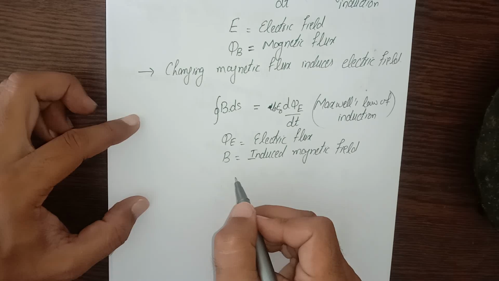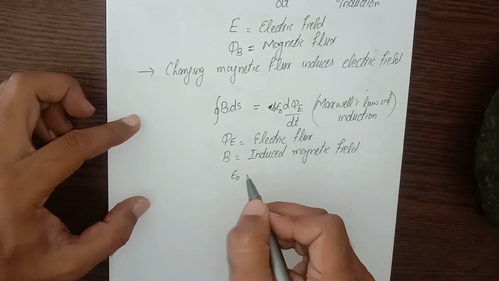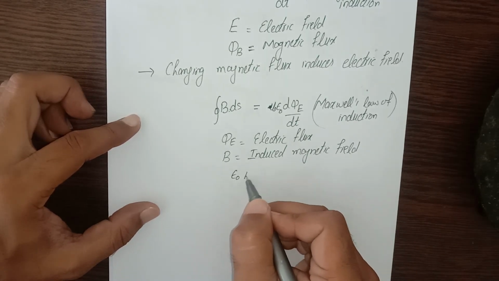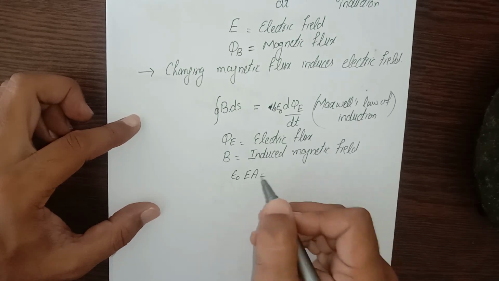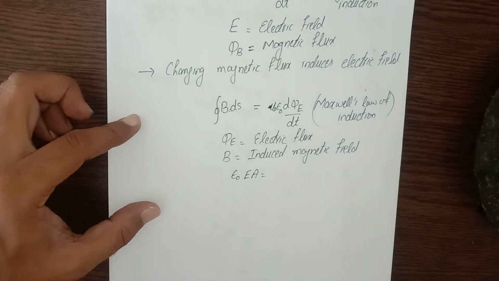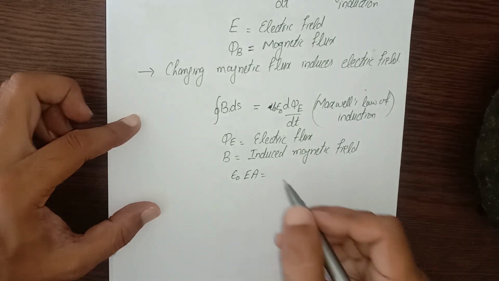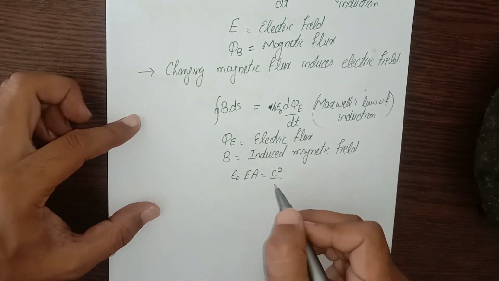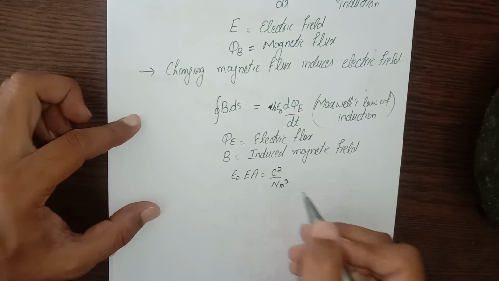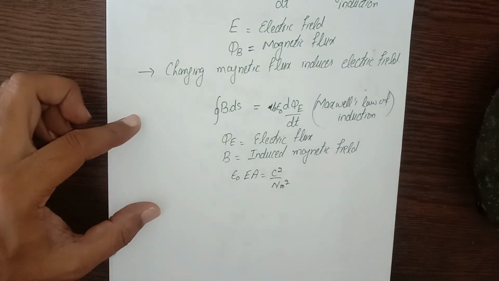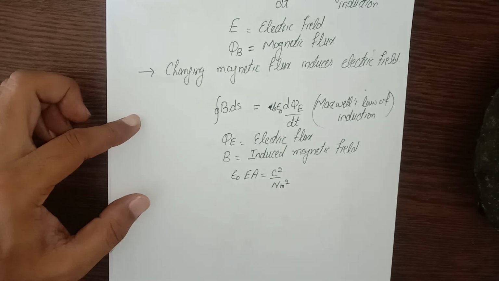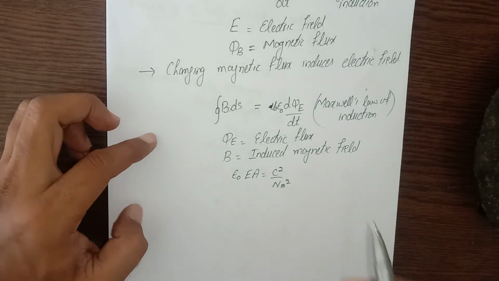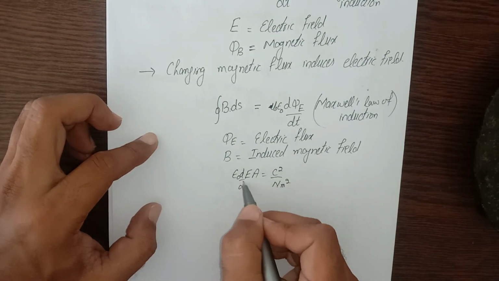See, epsilon naught phi E would be EA, and if I look at the units, epsilon naught is Coulomb square per Newton meter square, and I have to include d by dt over here.